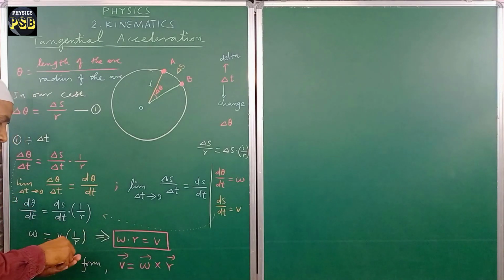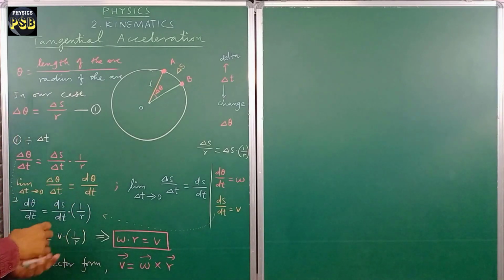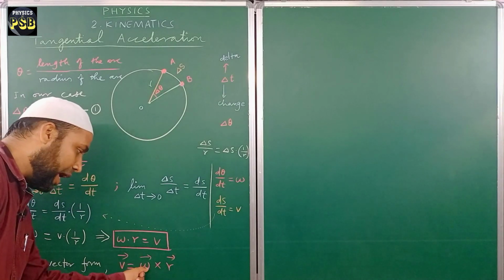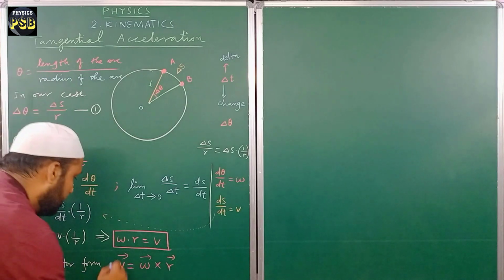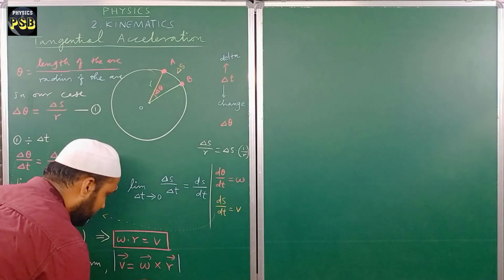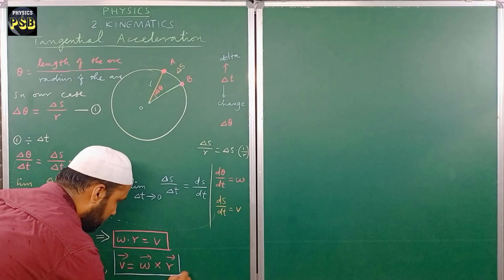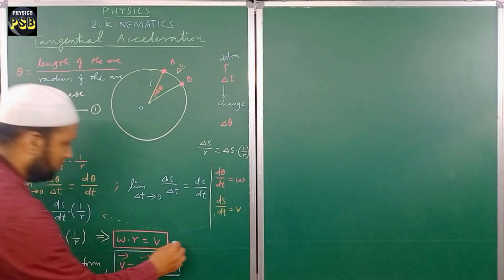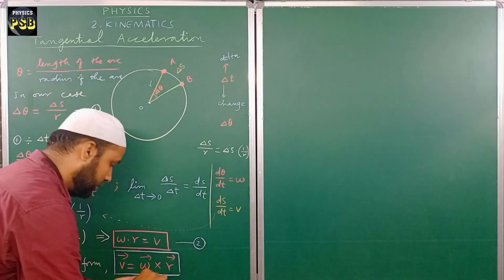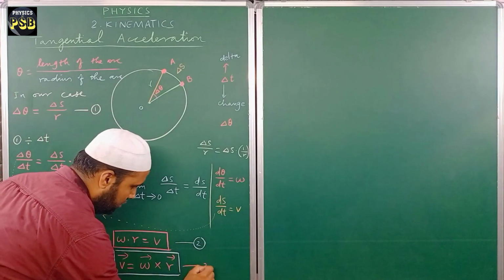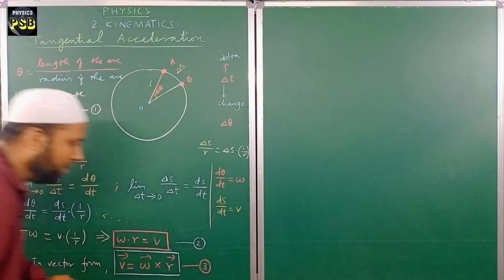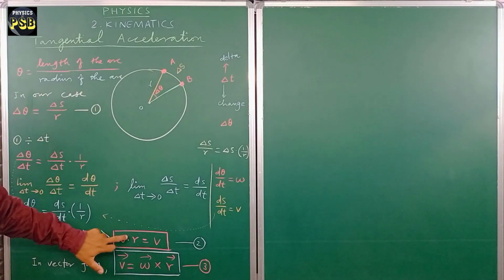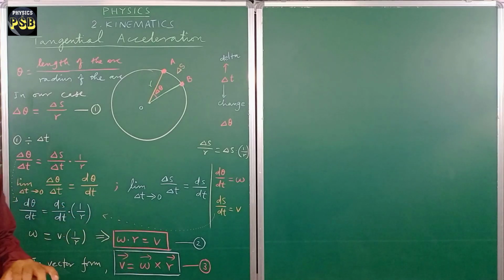Okay, this is the correct method of writing the relation between linear velocity and angular velocity, because they possess direction along with the magnitude. So I take this as equation number 2, and this as equation number 3. But for circular motion, equation number 2 is valid.